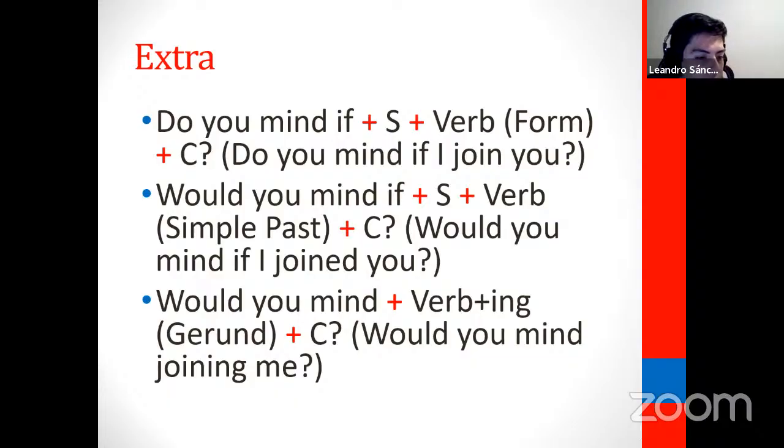And if you also analyze, it feels sometimes like a type of permission. So you can ask many things like, would you mind if I turned on the radio? You want to turn on the radio, but you don't want to bother anybody. You want to be sure that everybody's okay with that. Or you can say also, would you mind if I use this plate or this dish?